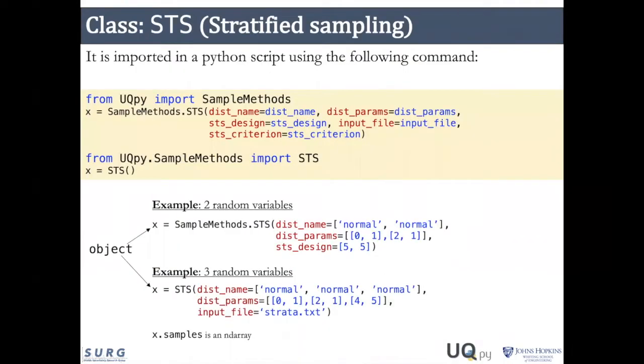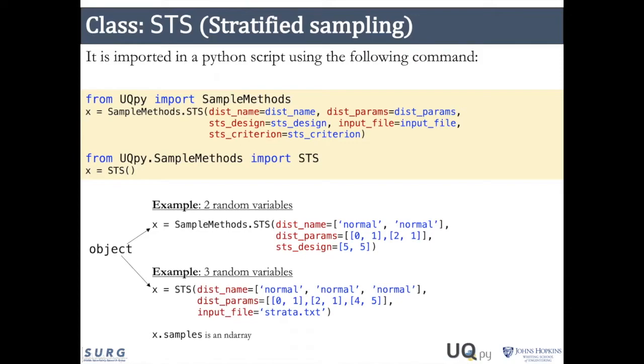So here is the command we can use to import the STS class from the sample methods module. And here are the 2 examples. In the first case, when we have imported sample methods, .sts will basically call our STS class.